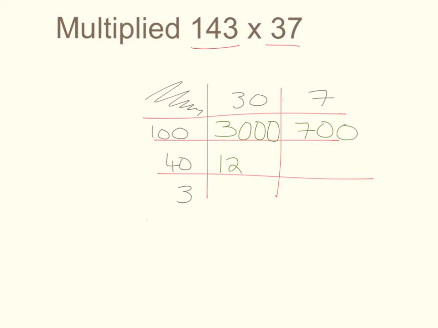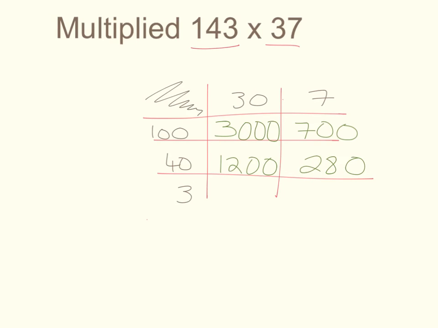How many zeros have I got? 2. 4 times 7 is 28. And how many zeros have I got? 1.